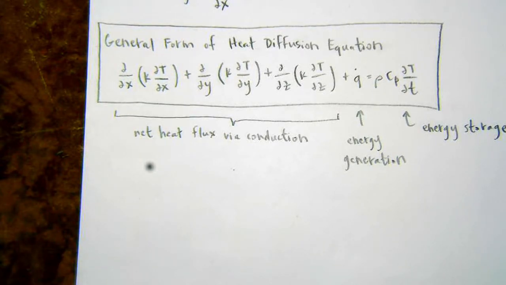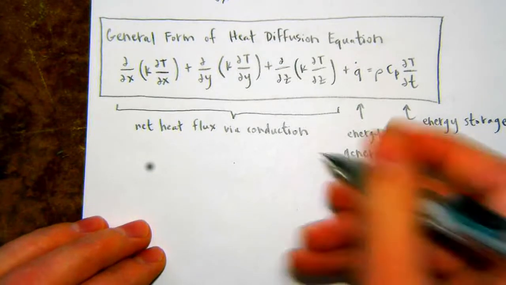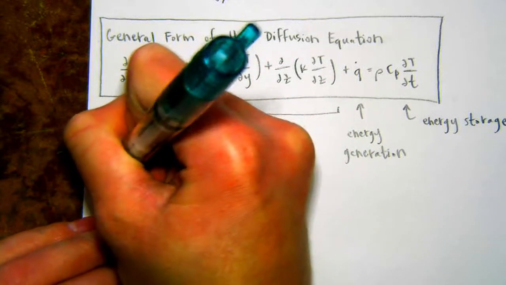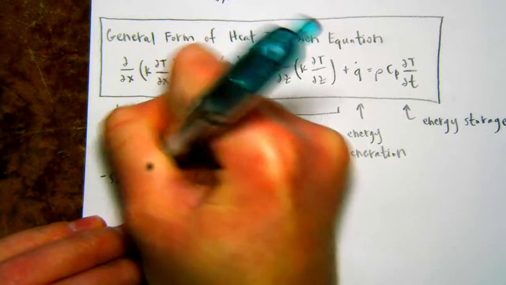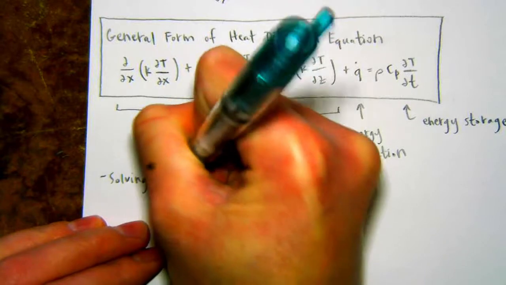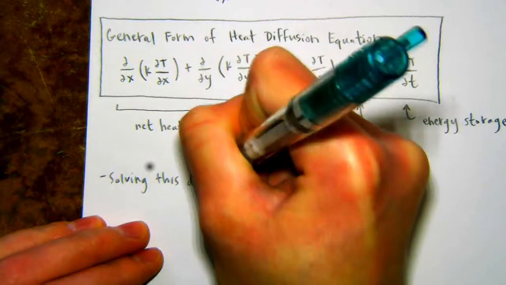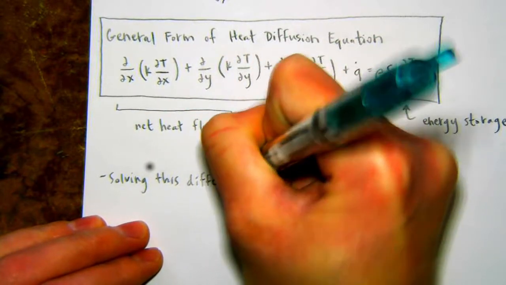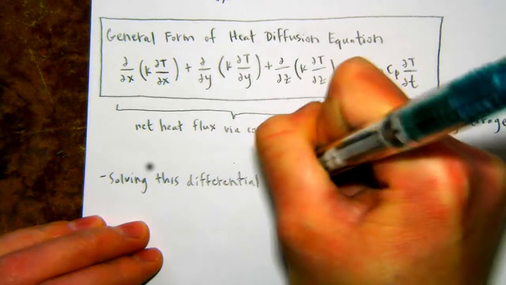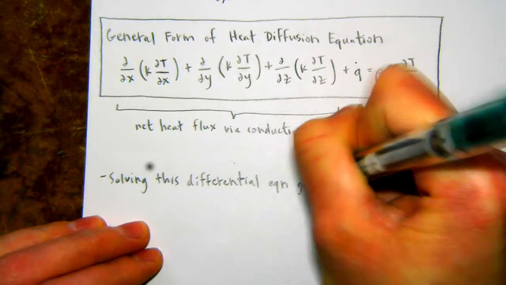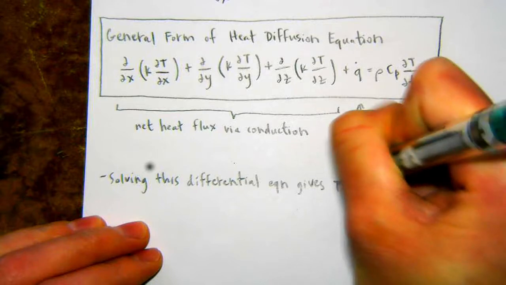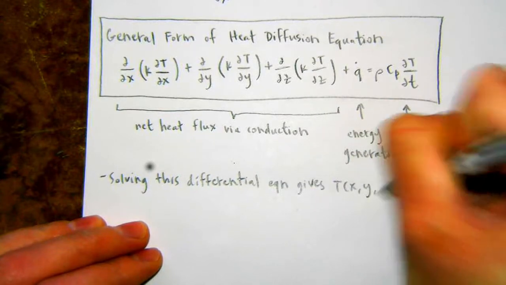And that's really helpful because once you have the temperature distribution, you can then take the first derivative of that, plug it into Fourier's law, and then you have the heat flux. So we can write that down: solving this differential equation gives the temperature distribution.